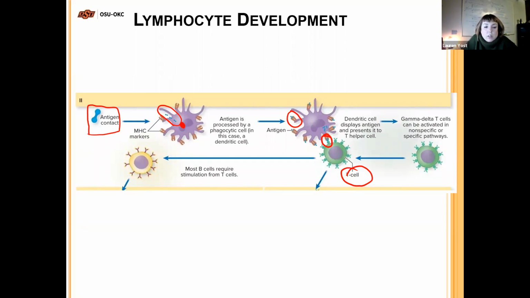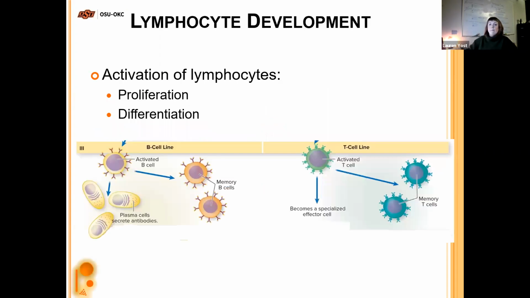Well, what is a T cell? This is a T helper cell. This T cell is going to then stimulate B cells. What's important about that? Well, you'll see. Essentially, we'll stick with the B cells for now. The B cells are going to be activated now. They can differentiate.